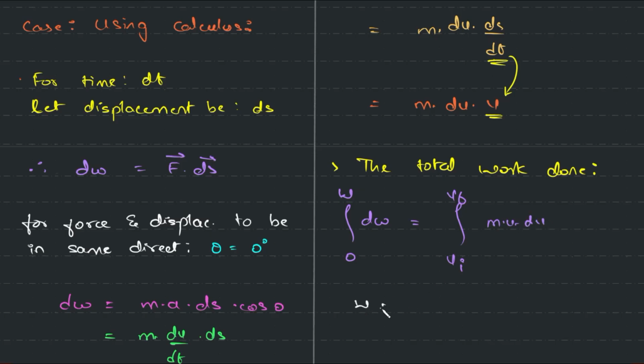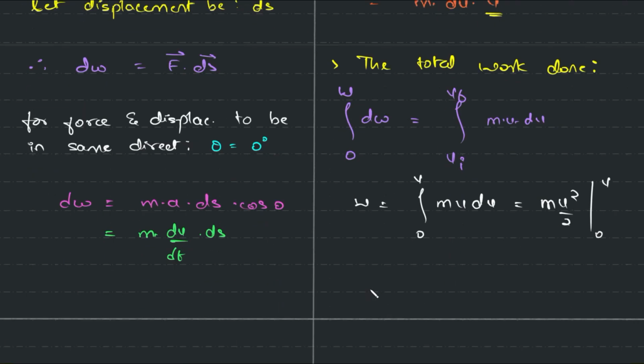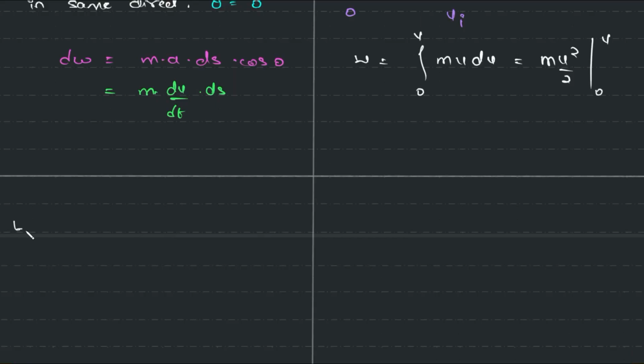I applied some force onto some object, the velocity changed from say 0 to v, then this will be mv dv, which will be mv square by 2, from 0 to v. Okay, and we have work is equal to half mv square.